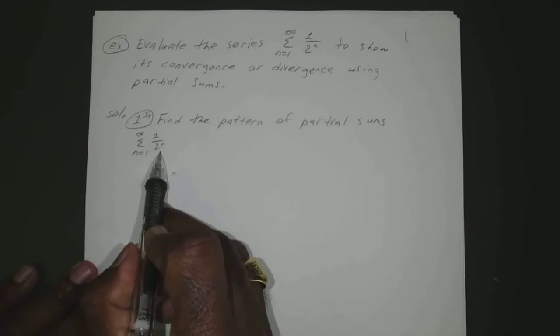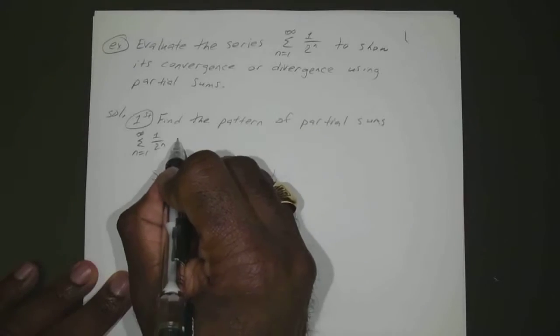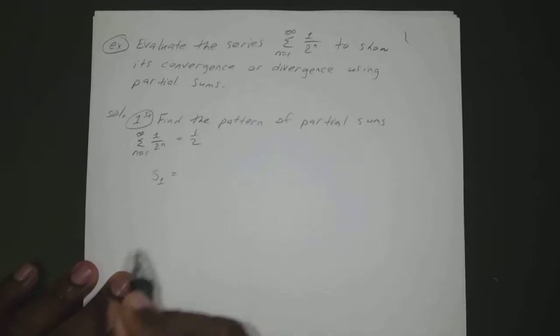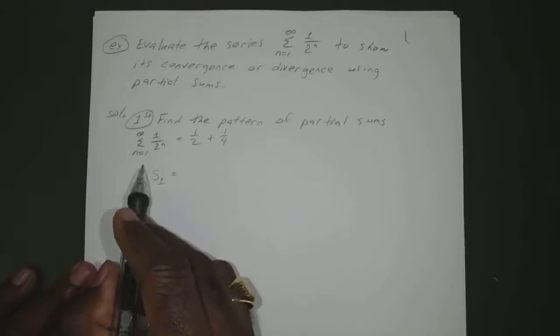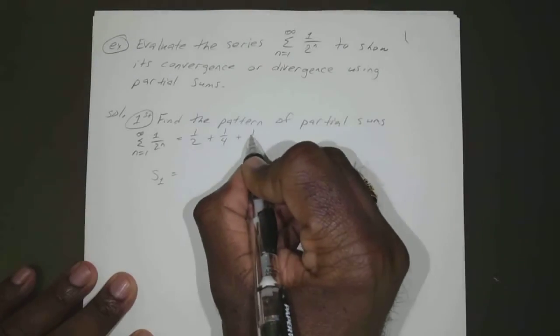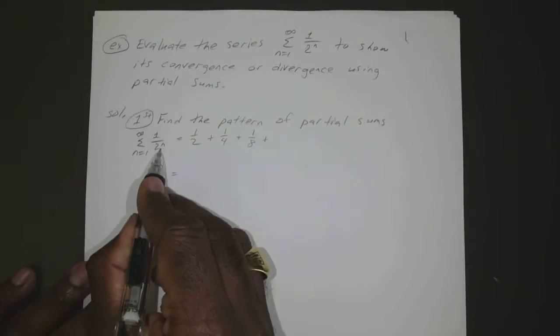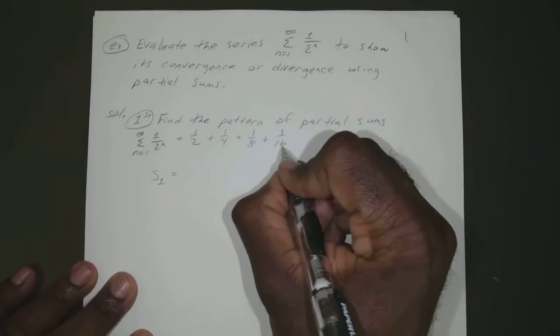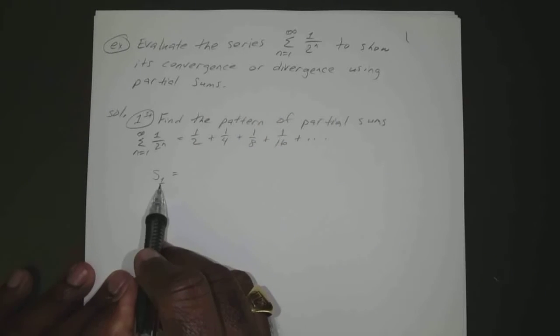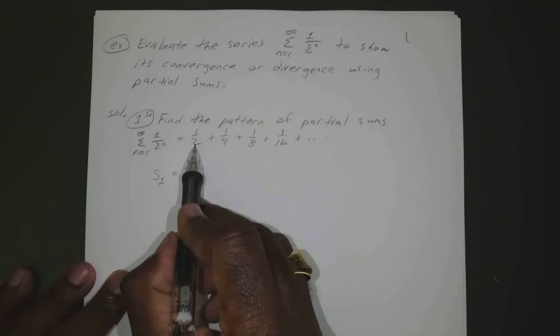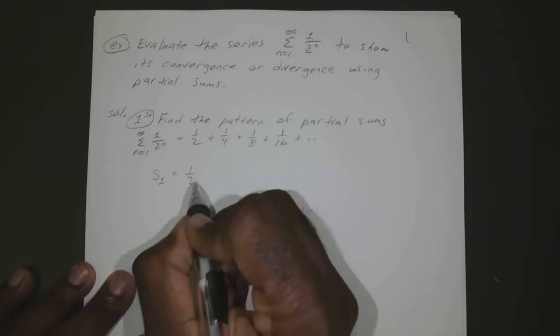So if we actually did this at n equals 1, it would be 1/2. N equals 2 would be 1/4. N equals 3 would be 1/8. N equals 4 would be 1/16. And it keeps on going from there. So our first partial sum is just our first term, which is 1/2.